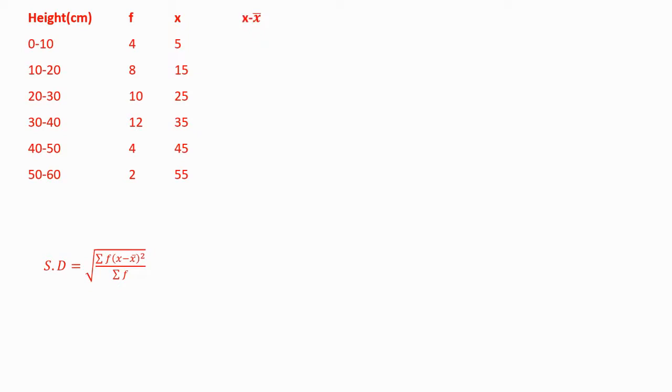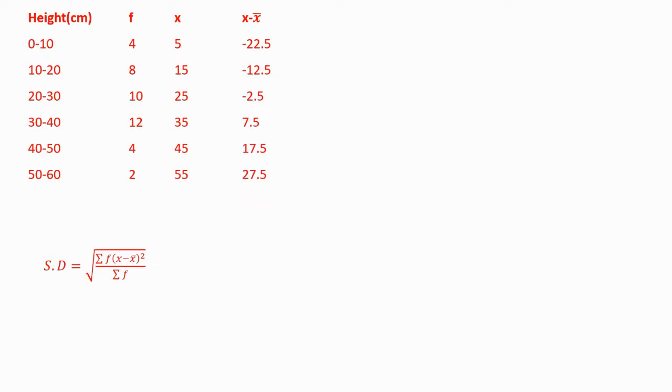So we have, for example, in the first case, 5 minus 27.5, which is equals to negative 22.5. The next group will be negative 12.5. We have negative 2.5, 7.5, 17.5, and 27.5.